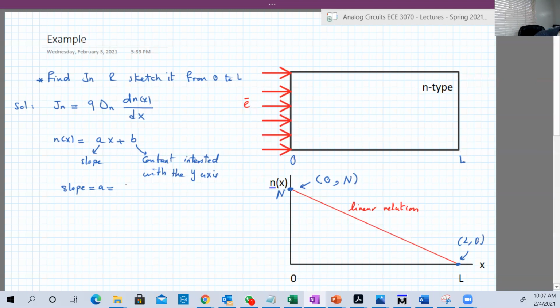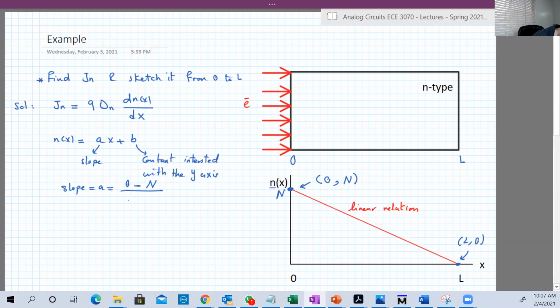y2 is 0, y1 is n capital, and n capital is part of the question. I just forgot to mention it in the first place. So once it gives you some symbol instead of a number, you can consider this as a constant. You don't care about its value, but you can assume it's known.